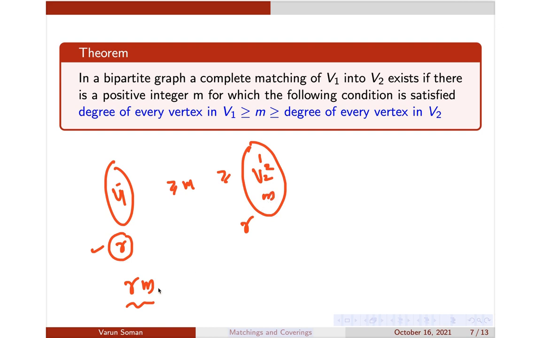So that means these Rm edges, if I divide by the maximum degree, would be distributed among at least Rm by m vertices in V2. I hope you understand that.